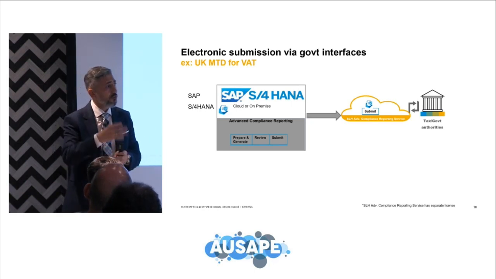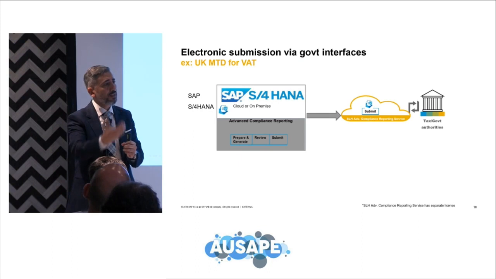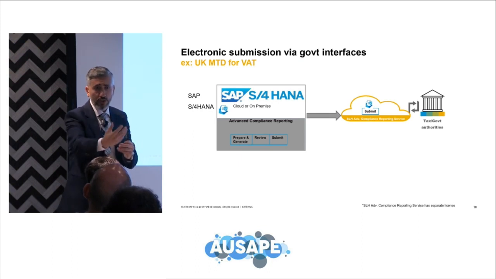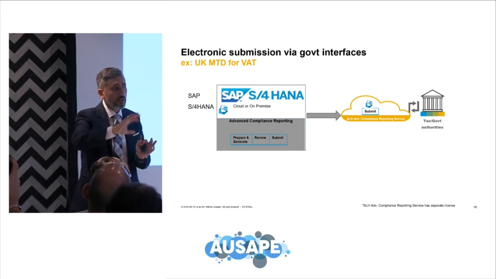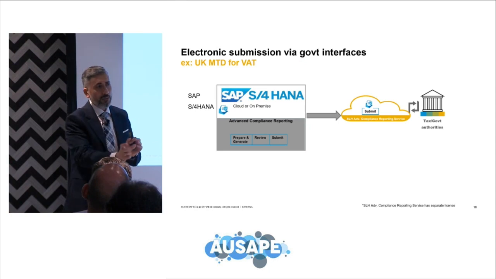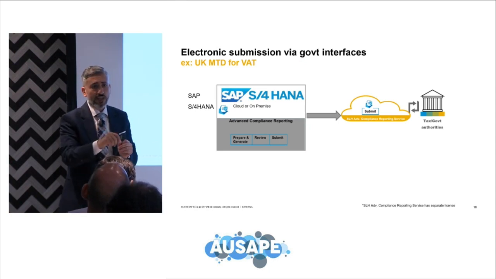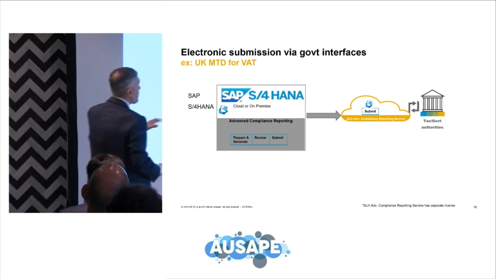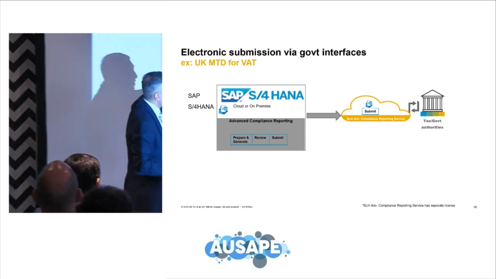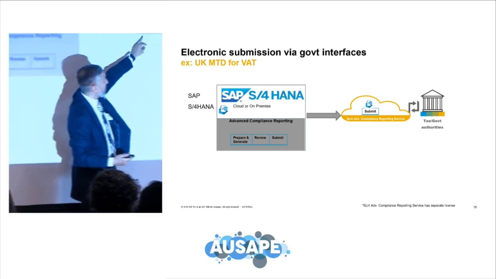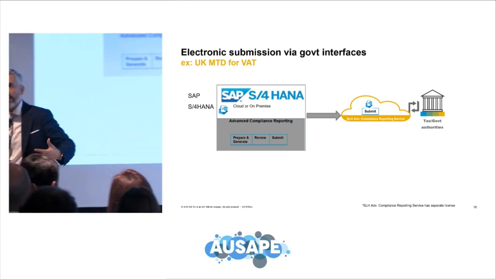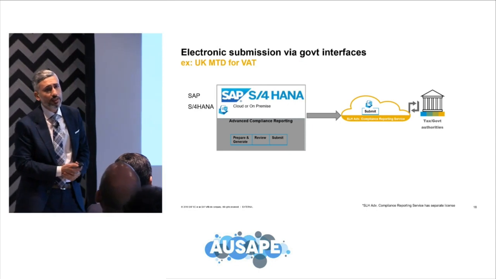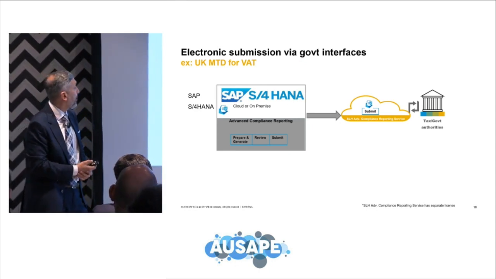SAP Cloud Platform provides integration capabilities using SAP Cloud Integration, where you can connect to the authority. So the last mile, usually outside of ACR, going to the authority happens using SCI, or SAP Cloud Integration. That was developed this way, and the submission happened using SLH ACR to the tax authority. That was the solution developed for MTD in the UK.